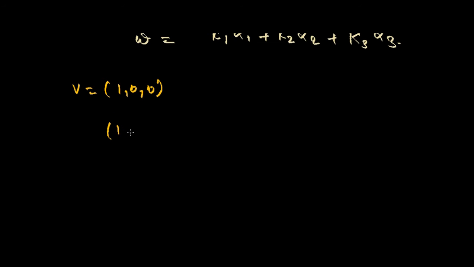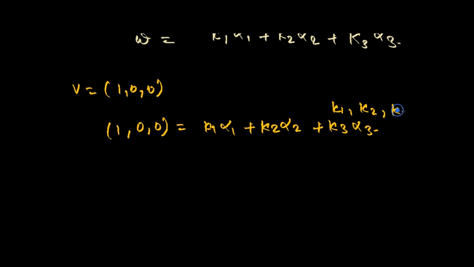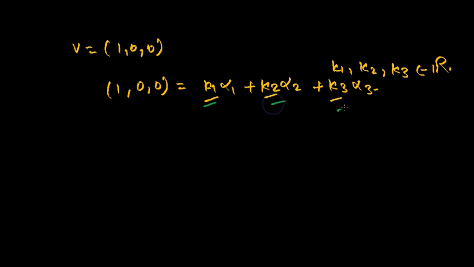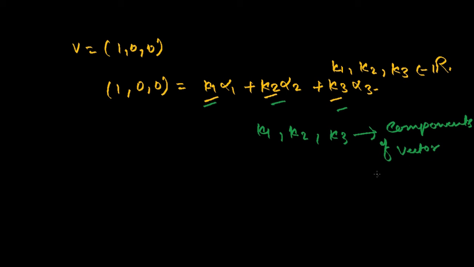So we can write 1, 0, 0 equals K1 into alpha 1 plus K2 into alpha 2 plus K3 into alpha 3, where K1, K2 and K3 all belong to the field R. These K1, K2 and K3 are nothing but the components of the vector, here our vector V, that is 1, 0, 0, with respect to the basis, and in our case the basis is alpha 1, alpha 2 and alpha 3, right? So we need to find out K1, K2 and K3.